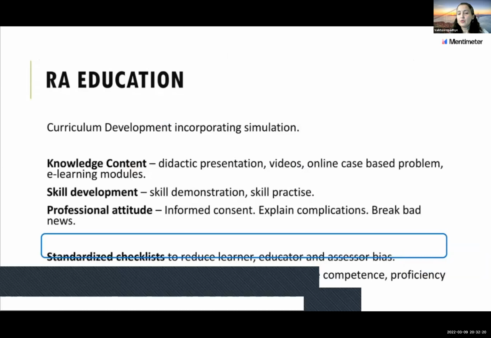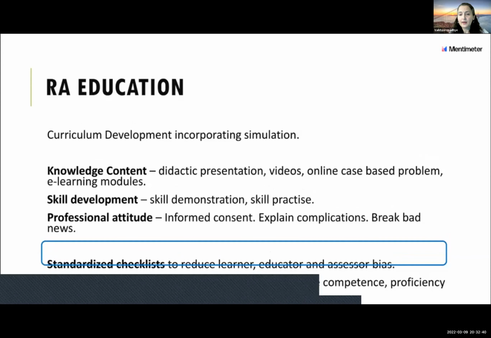Even for a learner who has a different learning curve, the checklist would make sure that certain critical aspects are honed. And the assessor bias during the assessments, such as the formative as well as the summative assessments, could also be looked into.